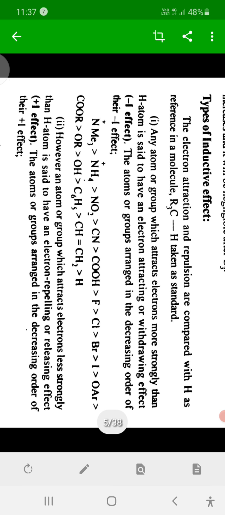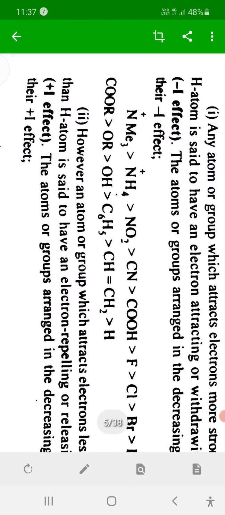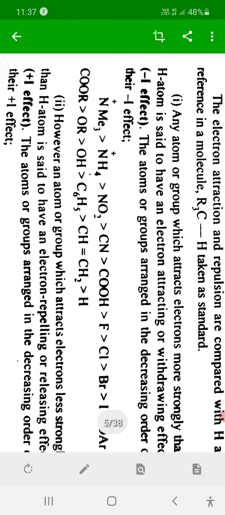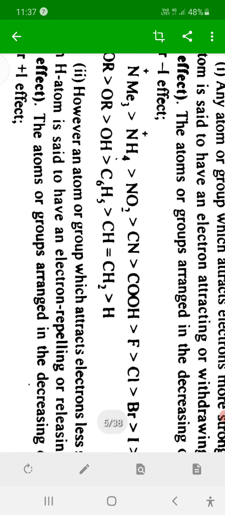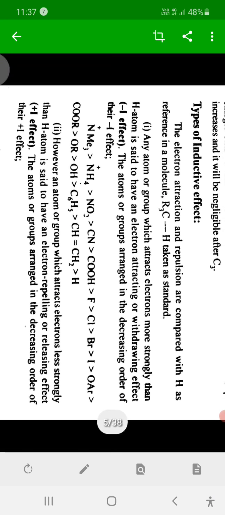For example, that minus I effect is shown by the atoms or groups given here, that is NMe3+, NH4+. Because of positive charge, they are deficient atoms, and therefore they show the property of pulling electrons from other sources of electrons, therefore show pulling character, that is minus I effect.